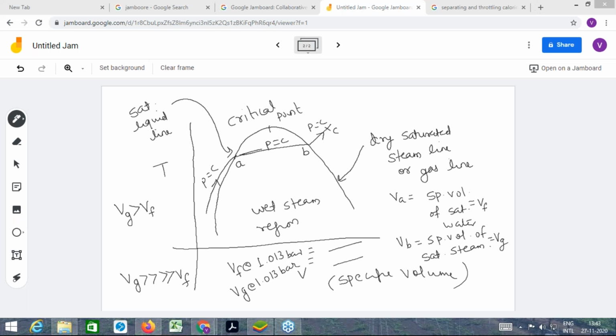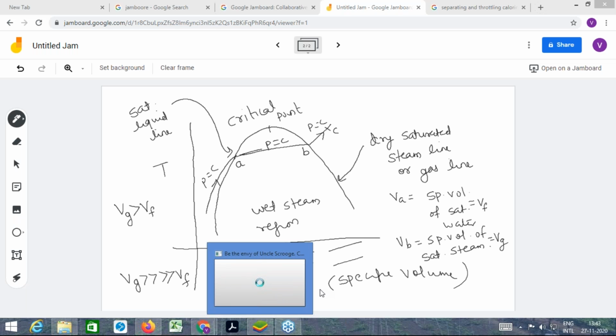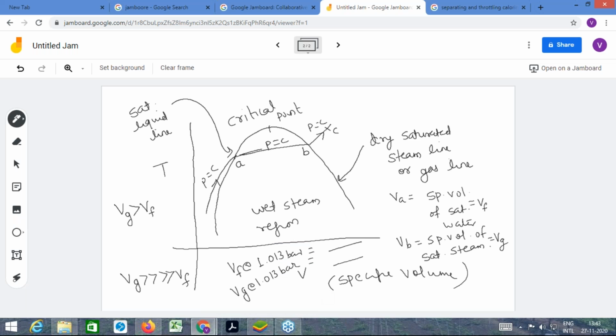So Kunal, Sharvari, Gunjan, for finding the specific volume of wet steam, V wet will be Vf plus x times (Vg minus Vf), where x is the dryness fraction, and when I'm saying it is 50% dry, x is 0.5.